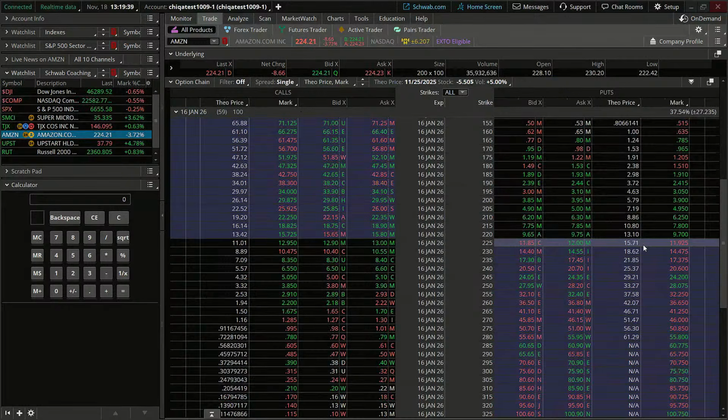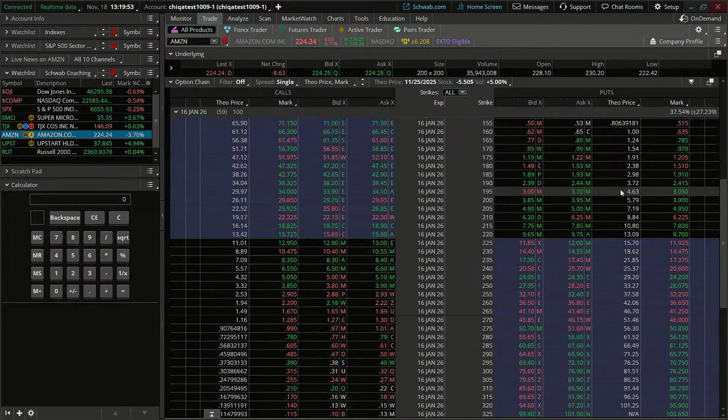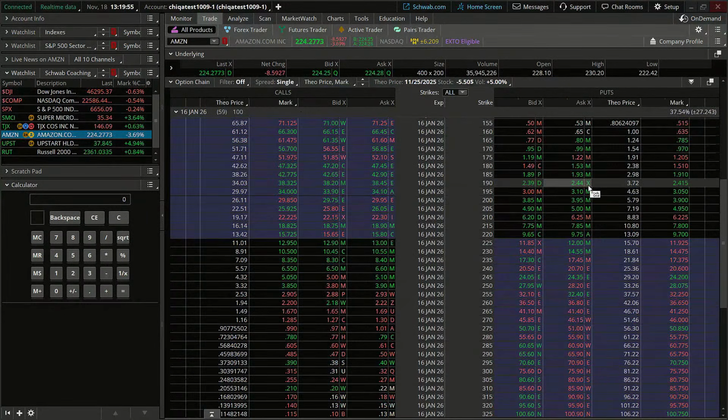So we want to buy when IV is a little bit lower, and see that IV move to the upside with our long option, and that's going to benefit the price of our long option there. So I'm going to look at the questions here.